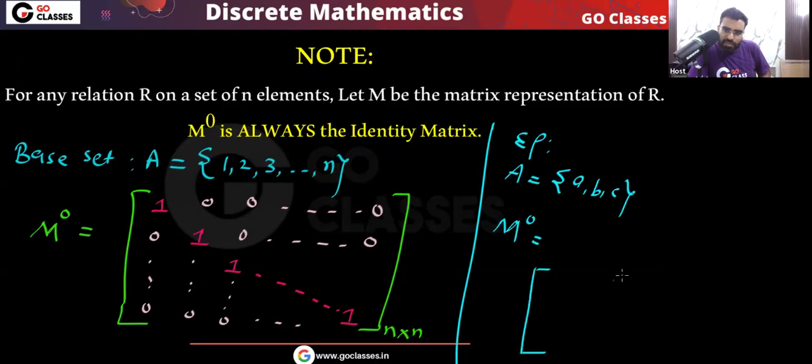M power 0 will be a 3 by 3 identity matrix. Okay. Because in your base set you have a total of 3 elements. So it will be a 3 by 3 identity matrix. That's it. I hope you understood that M power 0 is always the identity matrix.